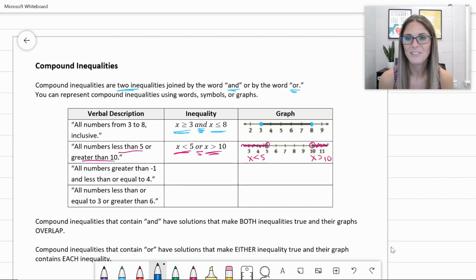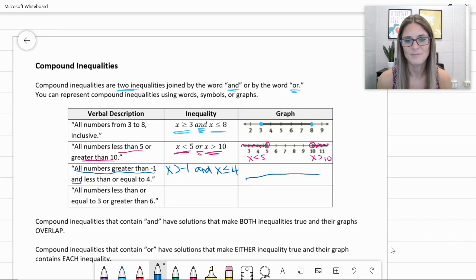The third verbal description: all numbers greater than -1 and less than or equal to 4. So the first statement, x is greater than -1, and x is less than or equal to 4.